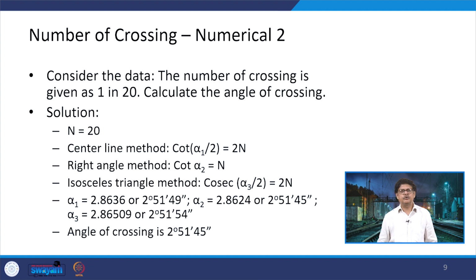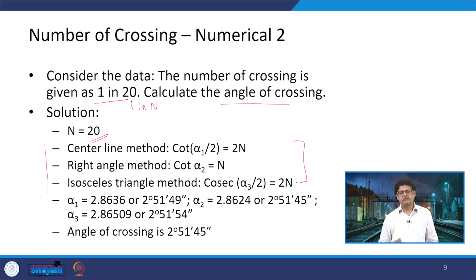Now, let us have another numerical here. Here the number of crossing is defined as 1 in 20, that is 1 in n, so n is equal to 20. Now, we have to calculate the angle of crossing. So, it is a reverse procedure now. Again we have the 3 methods. We simply transform them into the form of alpha versus the variable whose value is known to us. So, what we get is cot of alpha 1 by 2 is equal to 2n, cot of alpha 2 is equal to n, and cosec of alpha 3 by 2 is equal to 2n.